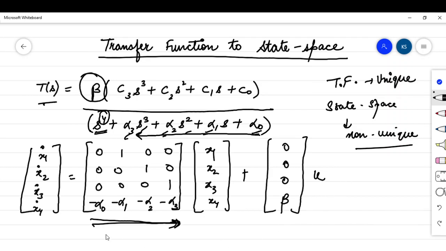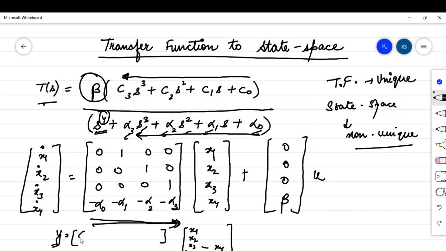Whereas the output equation for this transfer function can be defined as, I have no space, so I am writing it as x4 here. So y can be written as the constants which are there in the s terms in the numerator in the reverse order but with positive sign only.